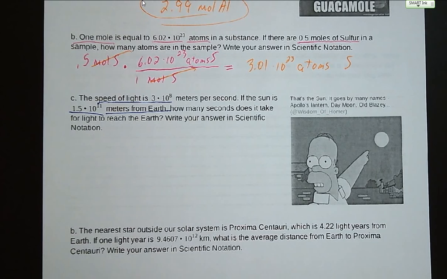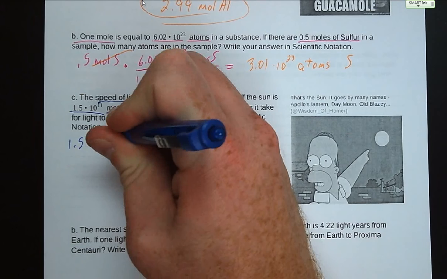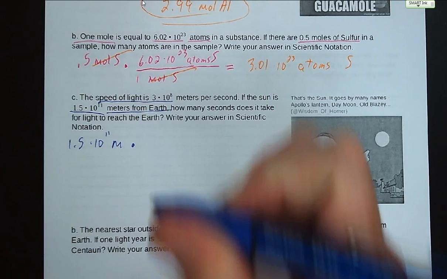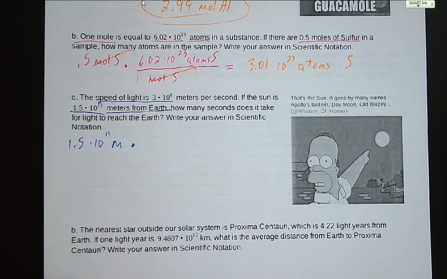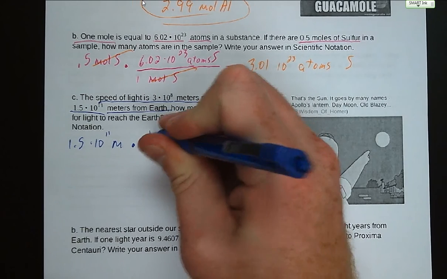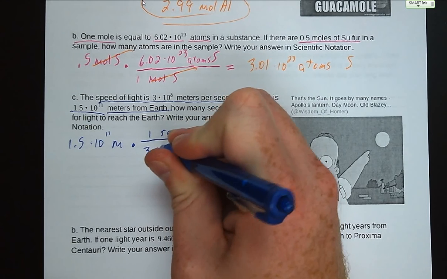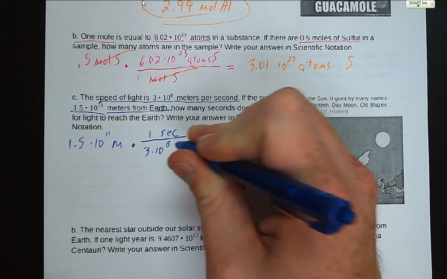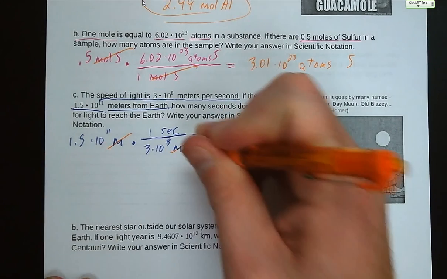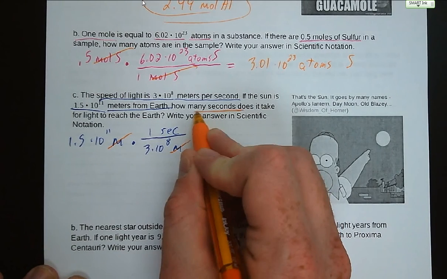So if I know that I am 1.5 times 10 to the 11th meters from the sun, and I know that this is the speed of light in meters per second, so in 1 second, light goes 3 times 10 to the 8th meters. Well, now if we just do our canceling, meters cancel. We're left with seconds, which is what we want. How many seconds does it take?